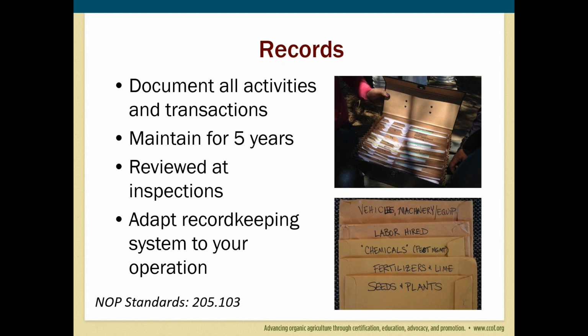There's still a place for the old hard copy and manila envelope and file folder system in organic record keeping if that's what works for your operation. And I've also heard of other creative solutions like, throughout the day, the farm has a whiteboard in the shed where they're writing down what they planted, what they harvested, whatever other activities took place that day.